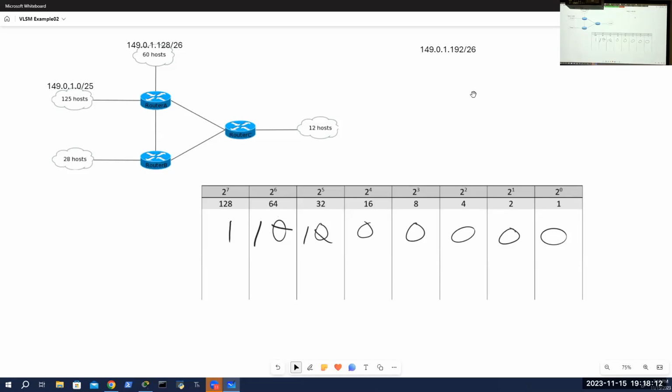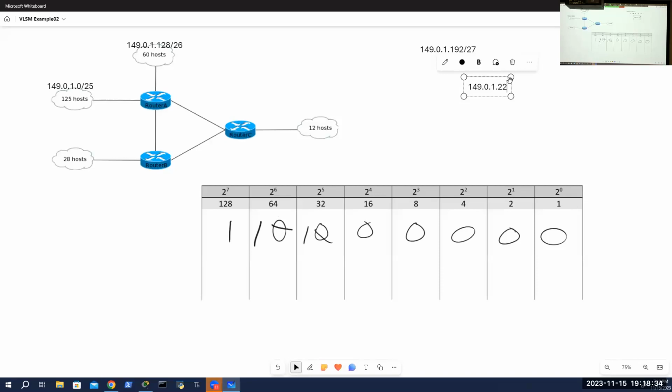So going from a /26 to a /27 doubles our networks, or gives us 2 networks. And we're counting those networks now by 32. So that goes up to 224.